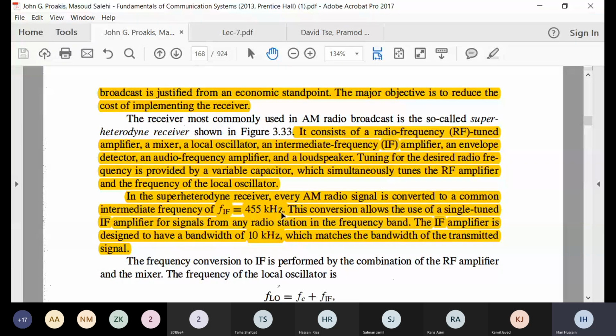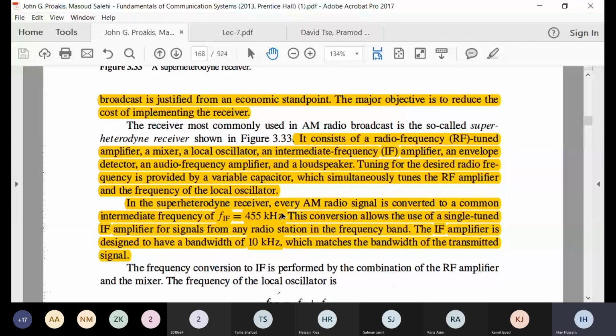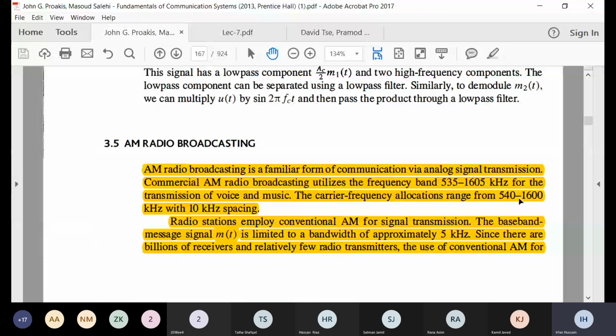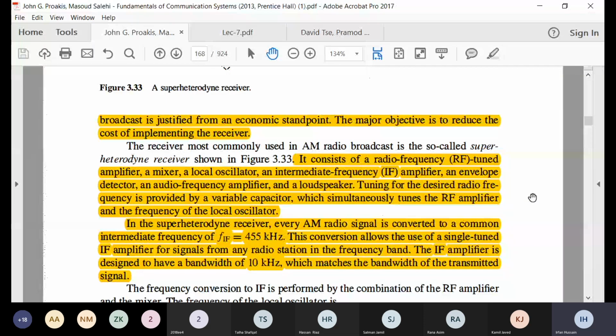But those were the actual carrier frequencies. So once they are received by a radio, it converts them to an intermediate frequency, which is 455 kilohertz.